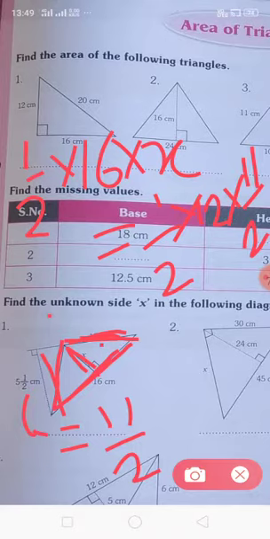Now simplify: this 2 and this 2 cancel, and this 2 divides this 12, so here comes 6. Now left is 11 into 6, and on the left hand side there is 16.